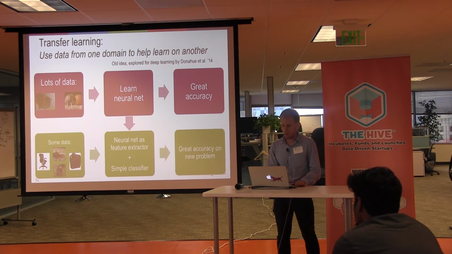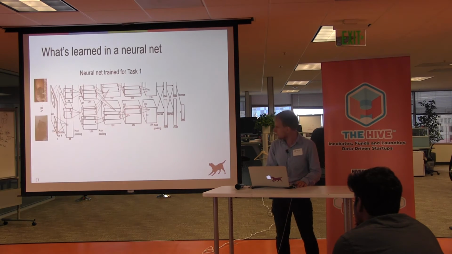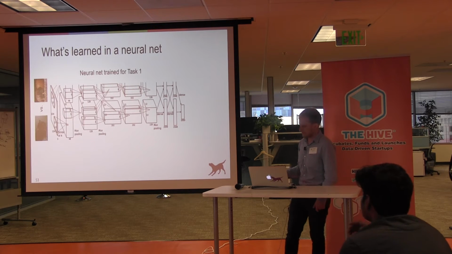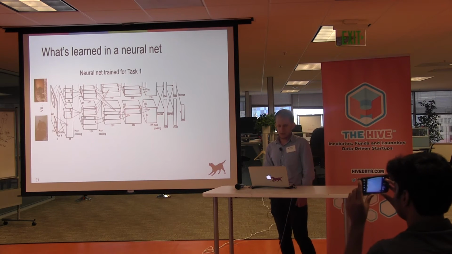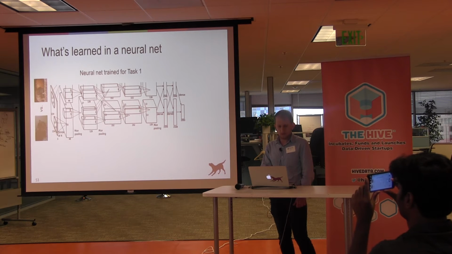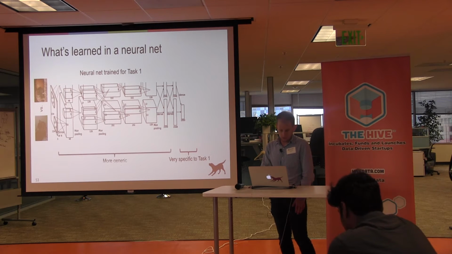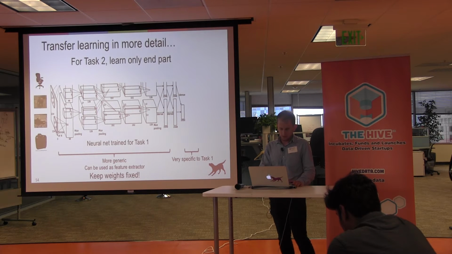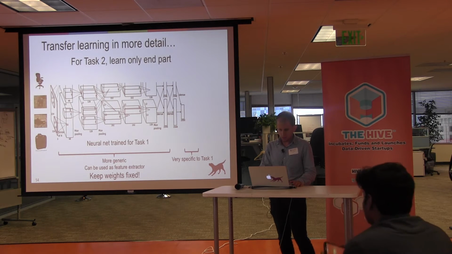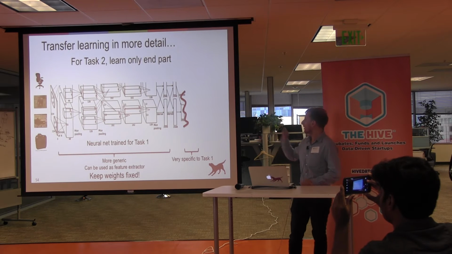So let's just go into a little bit more detail about this. This is back to our AlexNet model. So remember how we have sort of more general features learned at the beginning and very specific features learned at the end. So what you can do is for task 2, you can just throw away the last layer, or maybe the last 2 layers, maybe the last 3 layers.